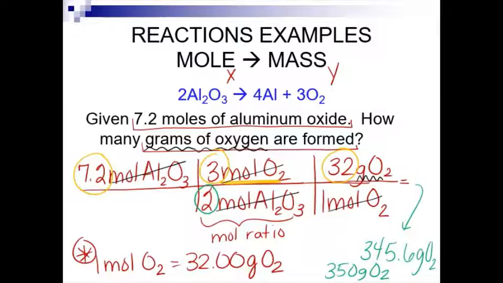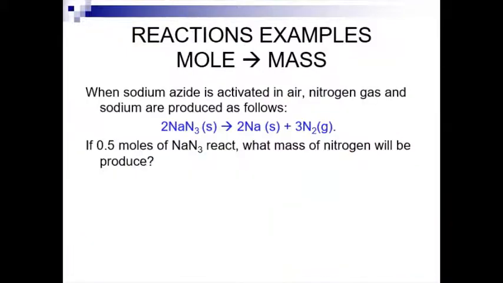So let's look at another one. We're starting with moles of one thing and going to mass of something else. When sodium azide is activated in air, nitrogen gas and sodium are produced. Here's the balanced equation.